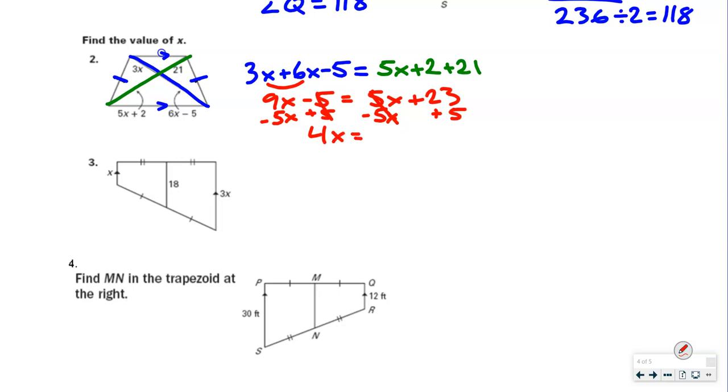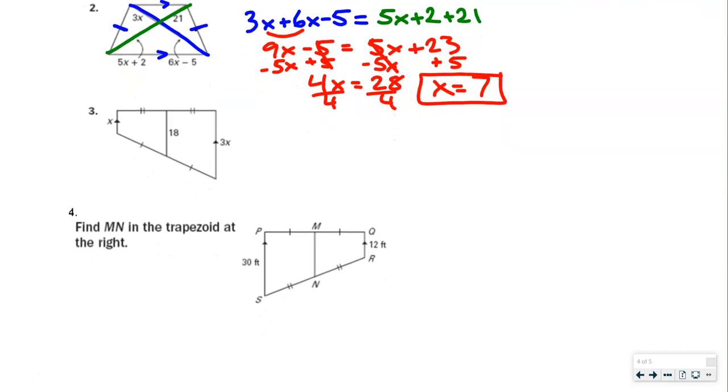That gives me 4x equals 28. Divide by 4, so x equals 7. So once we're able to identify that as an isosceles trapezoid, we're able to use that information that we know about isosceles trapezoids to find our value of x.